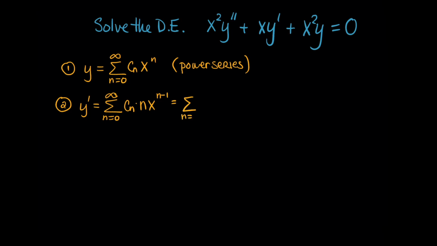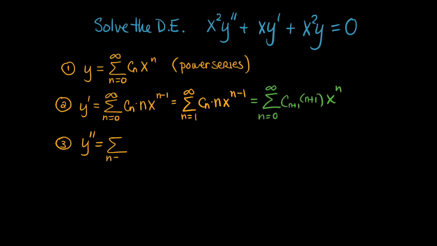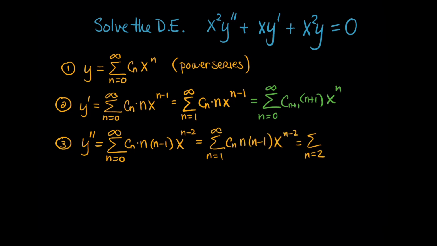We then go ahead and differentiate y with respect to x as we did when we verified the solution, although here now we're just writing it in general in terms of the coefficients c, and we're re-indexing as we did in the proof. Finding the second derivative with respect to x, rewriting it with n starting at 1 because it would be equivalent, and in this case we could start it at n equals 2 and it would still be equivalent.